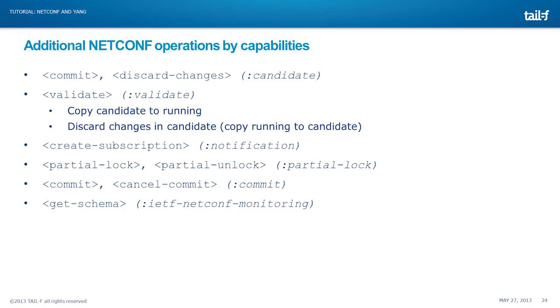The availability of those operations is indicated from the NETCONF server by the capabilities that are advertised in the hello message. So if the candidate capability is advertised in hello, you have both the commit and discard changes operations available. Similarly, if the validate capability is there, the validate operation is there, etc., through the various operations here.